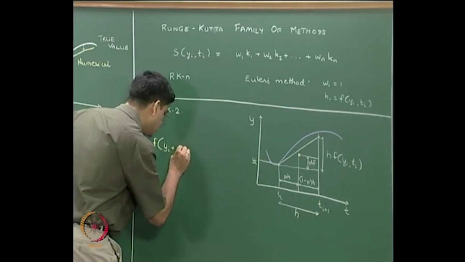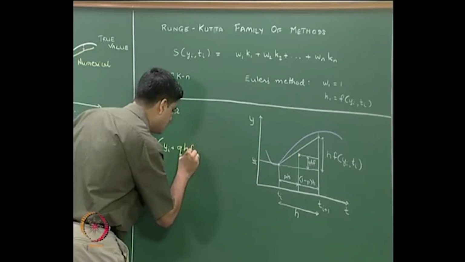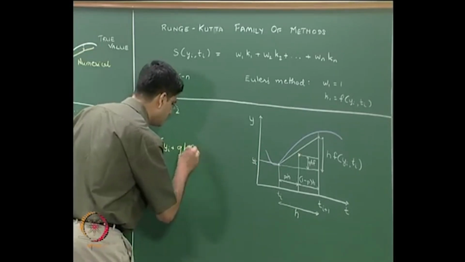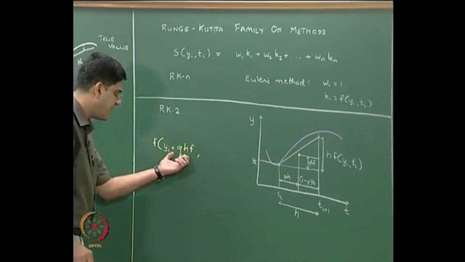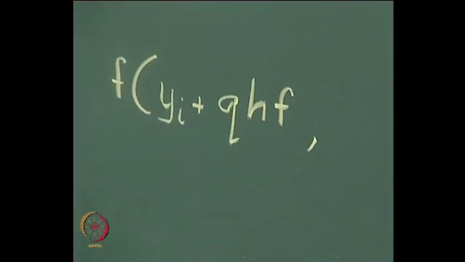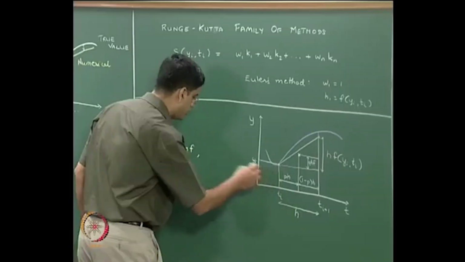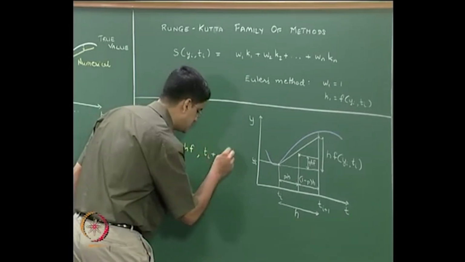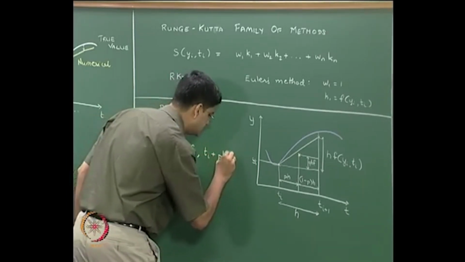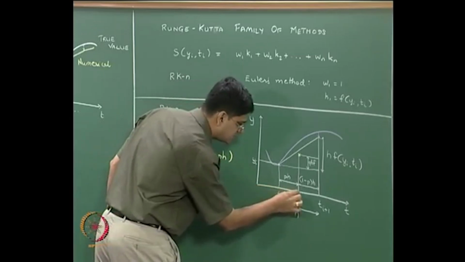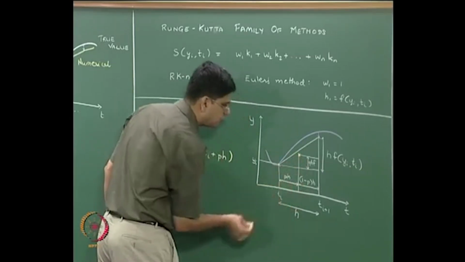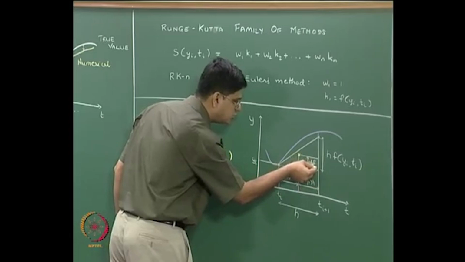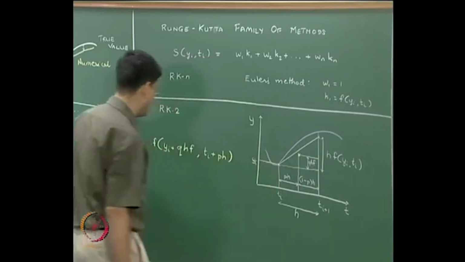Okay. That is the y coordinate for computing the function. The t coordinate for computing the function is going to be ti plus p times h. So this is ti plus p times h, that is the t component, and yi plus q h f is going to be the y component.